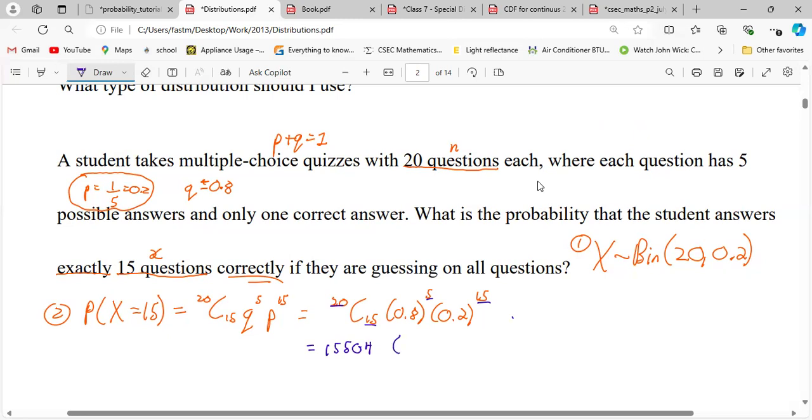Then you multiply that by 0.8 to the power of 5, which is 0.32768, and then 0.2 to the power of 15. It's a very small number.